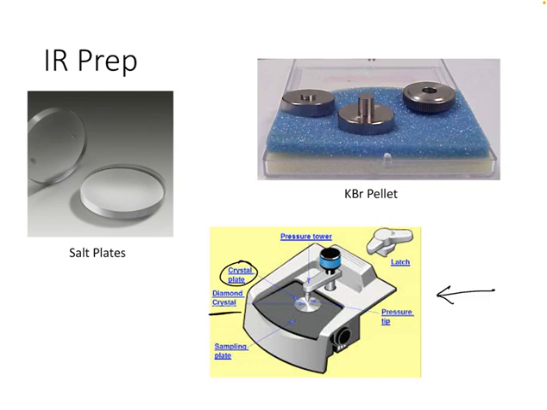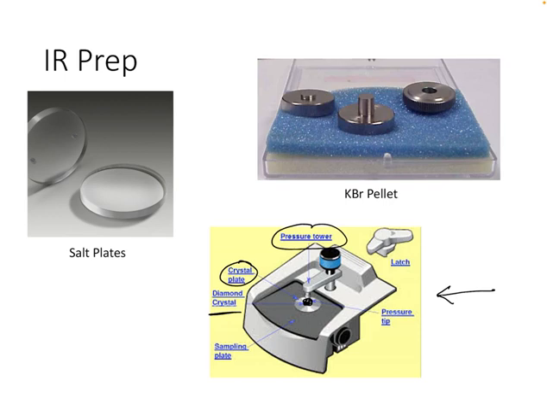If you have a solid sample, you would place some of your solid on that plate, and then you would use this pressure tower to press down on the solid so that it's kind of squished in between that tower and the plate. And then, of course, IR light is passed through, and then we read what kind of vibrations or frequencies the bonds in the molecule experience.